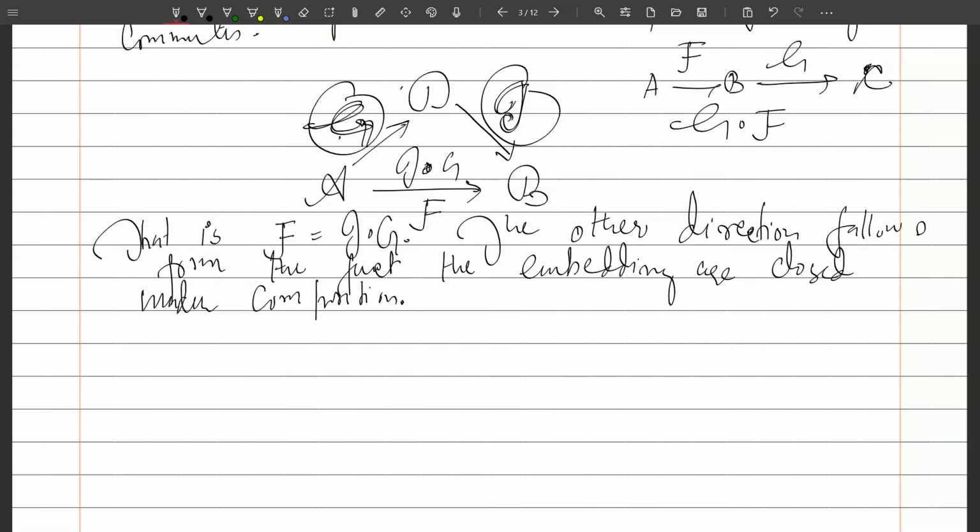Now we want to define the fully embeddable categories. So we have this definition here.